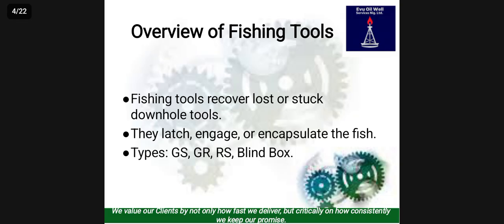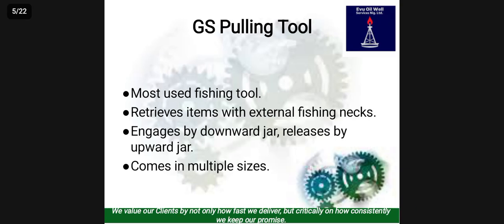Common fishing tools we'll focus on today are the GS pulling tool, the GRO pulling tool, the ROS pulling tool, and the blind box. The secret to successful fishing is choosing the right tool for the job. We'll consider the common fishing tools one at a time.